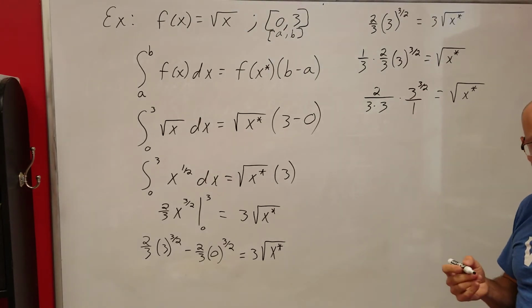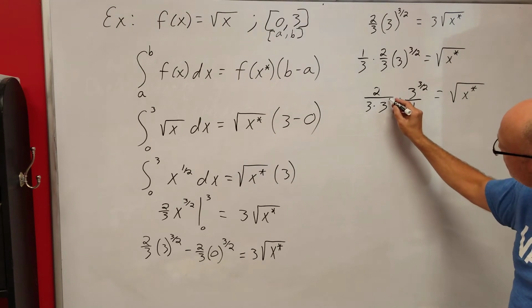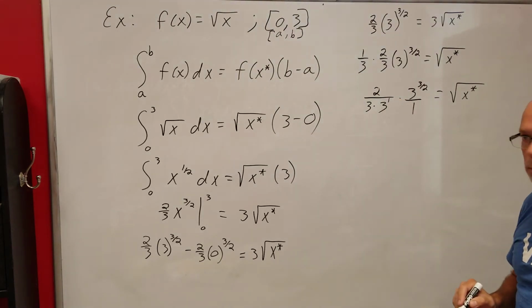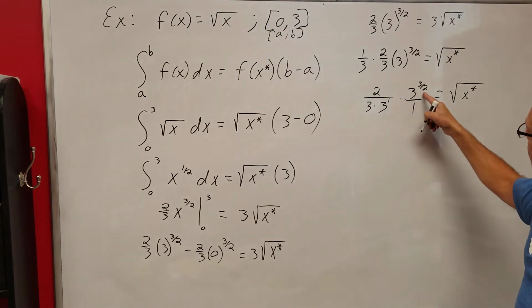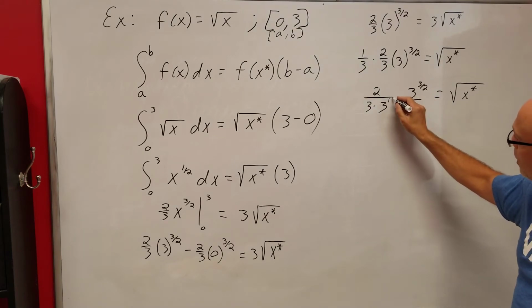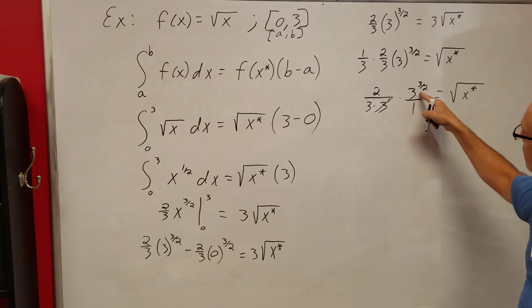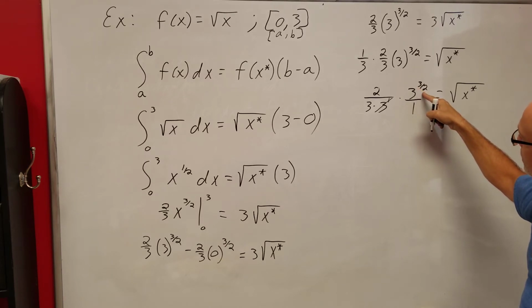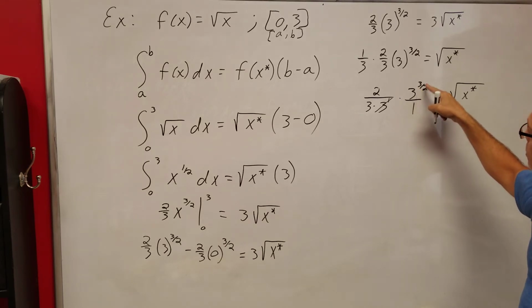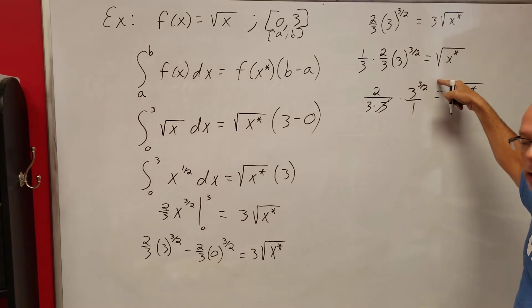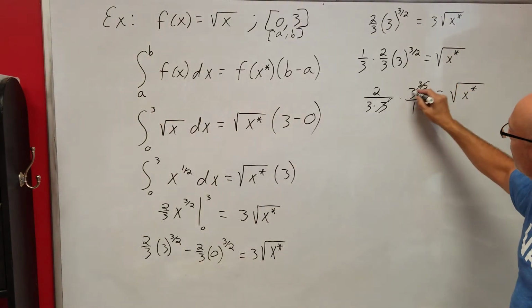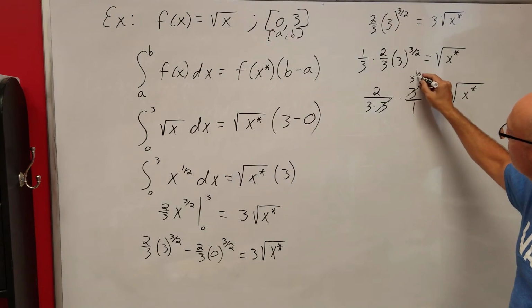The understood exponent here is 1. So what happens when I divide these out? All of this one divides out with 1 from here, right? So instead of 3 to the 3/2, it'll be 3 to the 3/2 minus 1, or that'll be 3 to the what? 1/2.